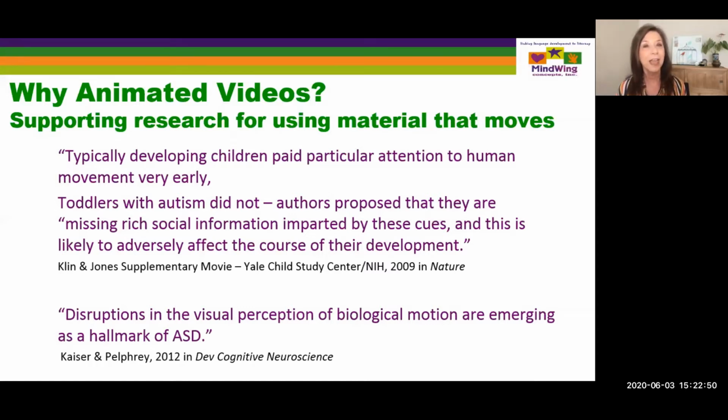What was being found, and in subsequent studies, was that being able to understand intention behind social movement is a hallmark challenge to students on the autism spectrum and perhaps other disabilities as well. This quote from Kaiser and Pelphrey: disruptions in the visual perception of biological motion are emerging as a hallmark of ASD.